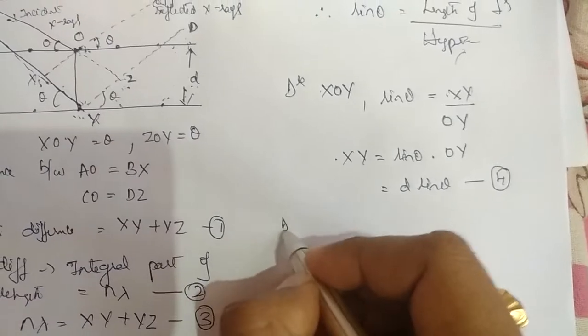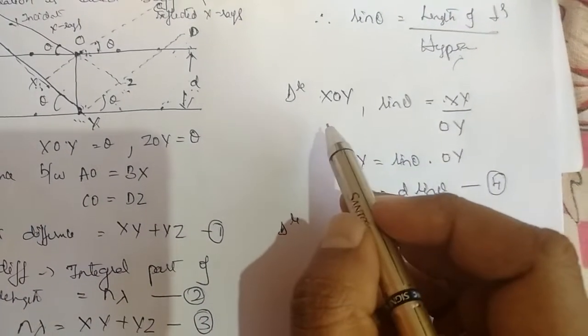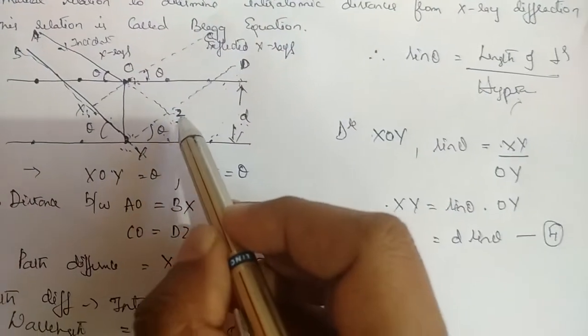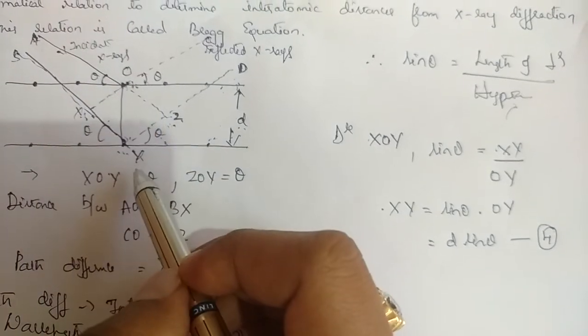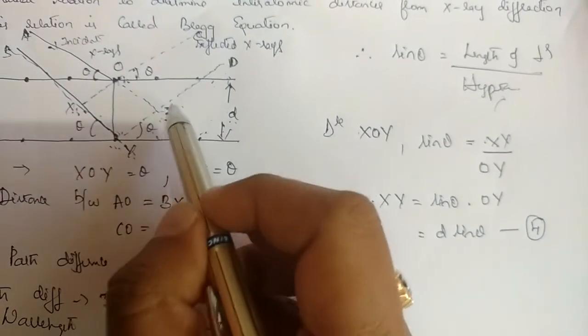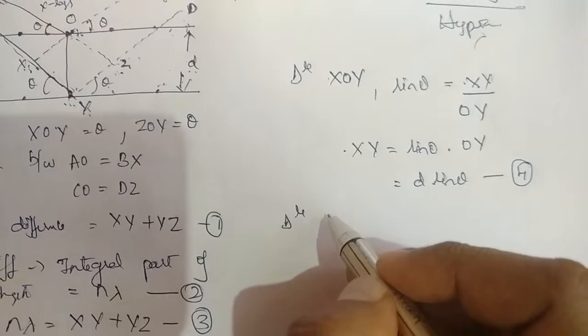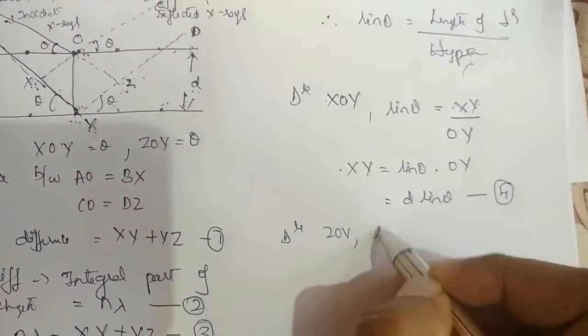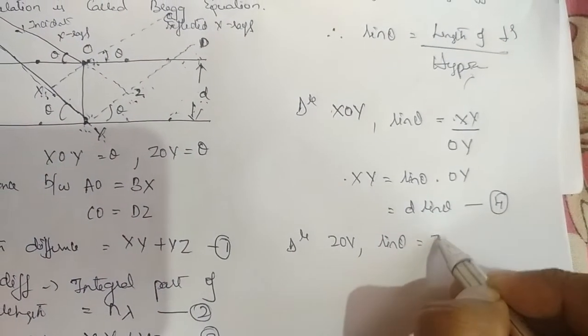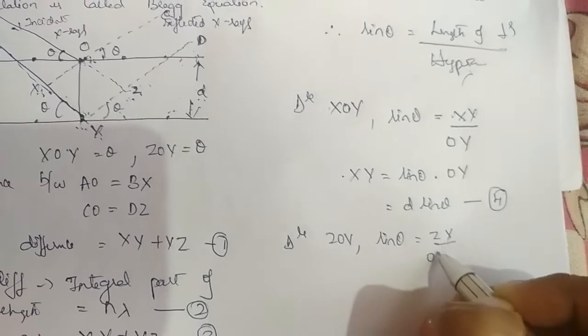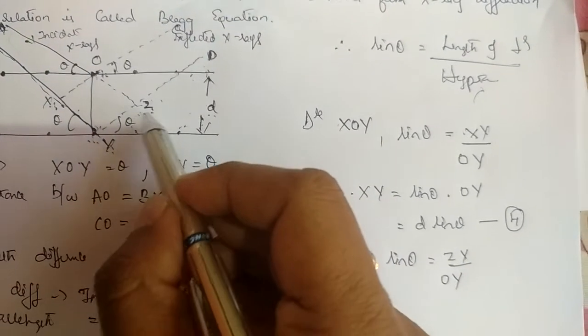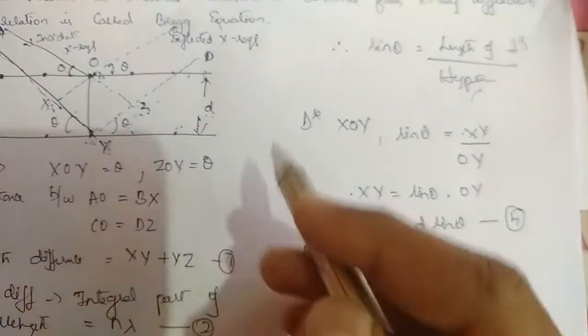Again, if you observe the triangle ZOY, what can you write? Sin theta equals ZY divided by OY, which is the length of the perpendicular divided by the hypotenuse.